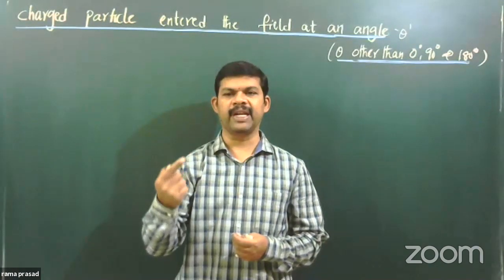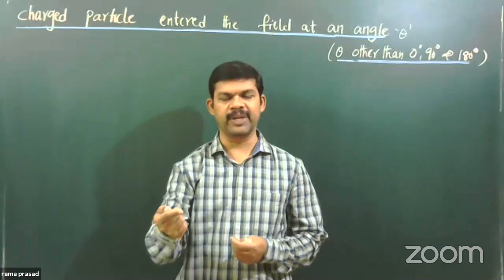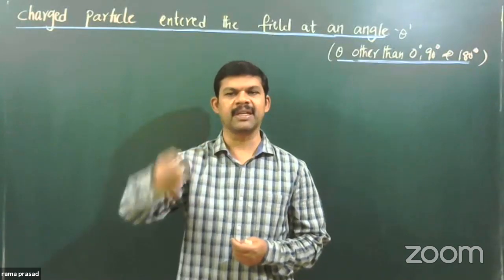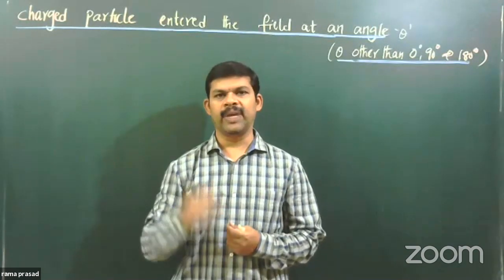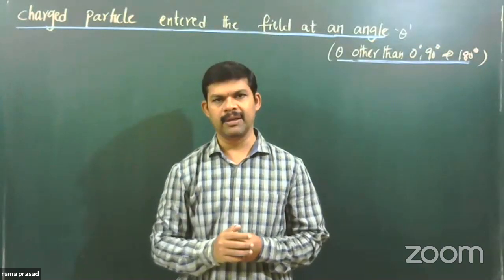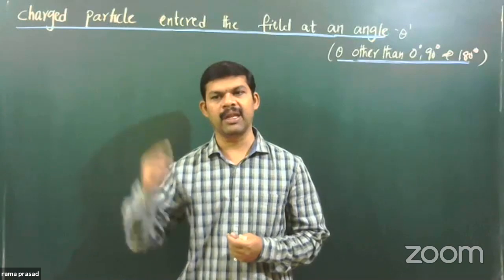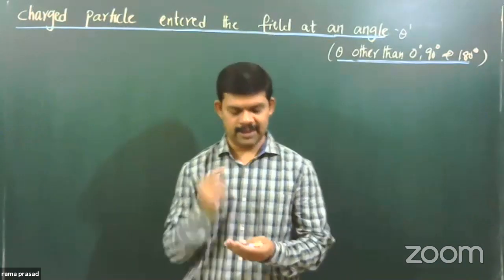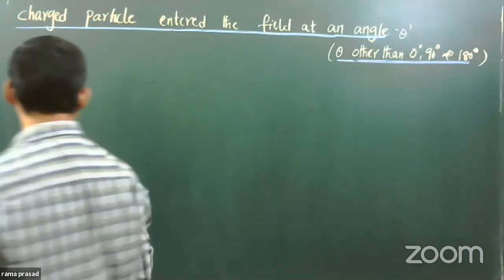When it enters the field at an angle 90, yesterday we discussed in detail, it moves in a circular path. When the charged particle moves making an angle theta with the field, we know it moves in a helical path, right? Let us discuss.